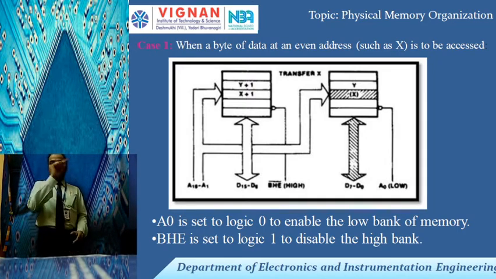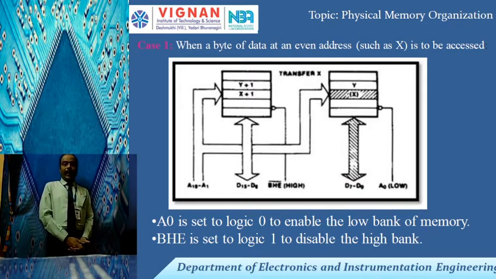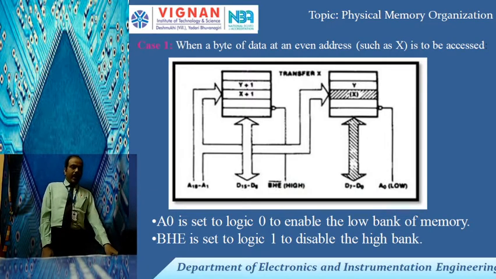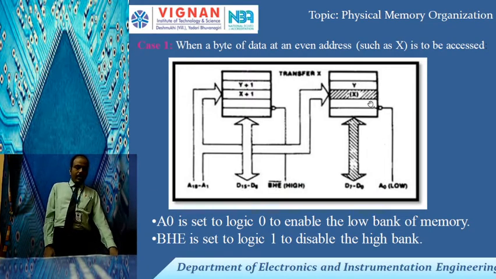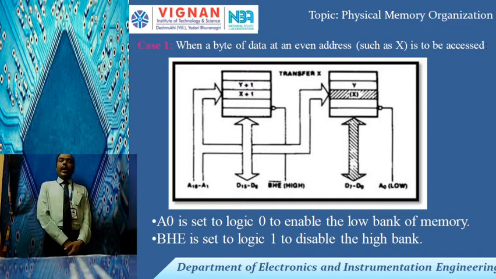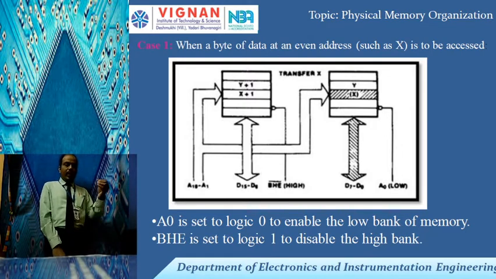When it is high, it is inactive, so the high bank is disabled. By putting BHE equal to 1 and A0 equal to 0, we enable the even address bank, and through the data bus D0 to D7 the data located at address X is accessed. That is the first case, accessing a byte of data at an even address.